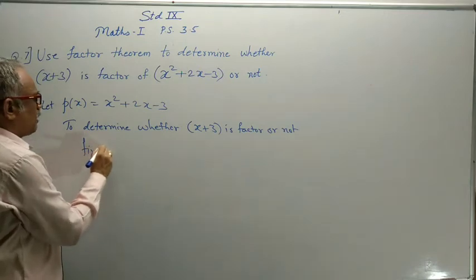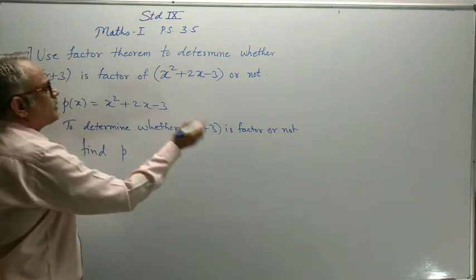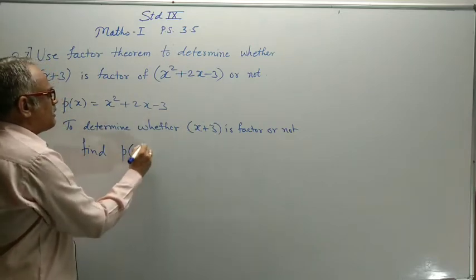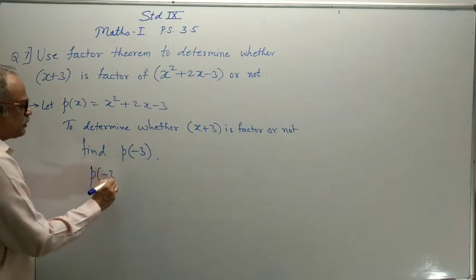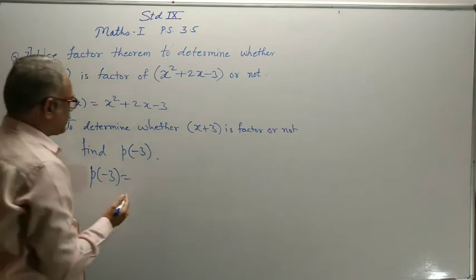If it is x minus a, we find p of a. If it is x plus a, we find p of minus a. If it is x plus 3, we have to find p of minus 3. If it comes 0, then it is a factor. If it does not come 0, it is not a factor.